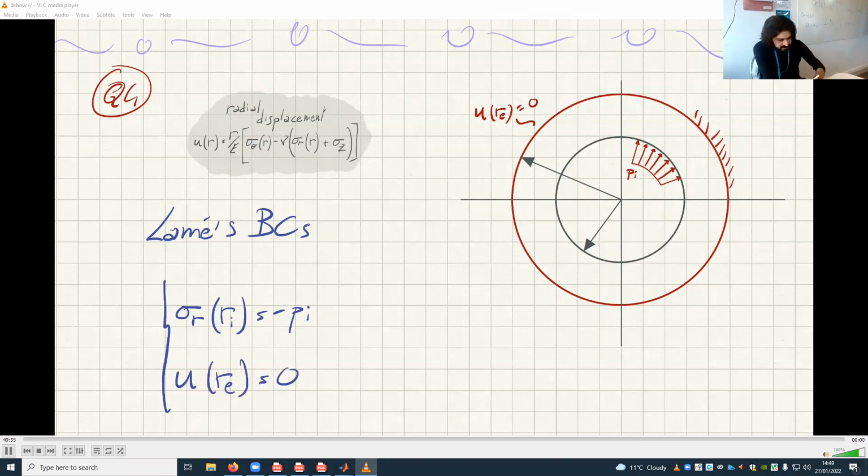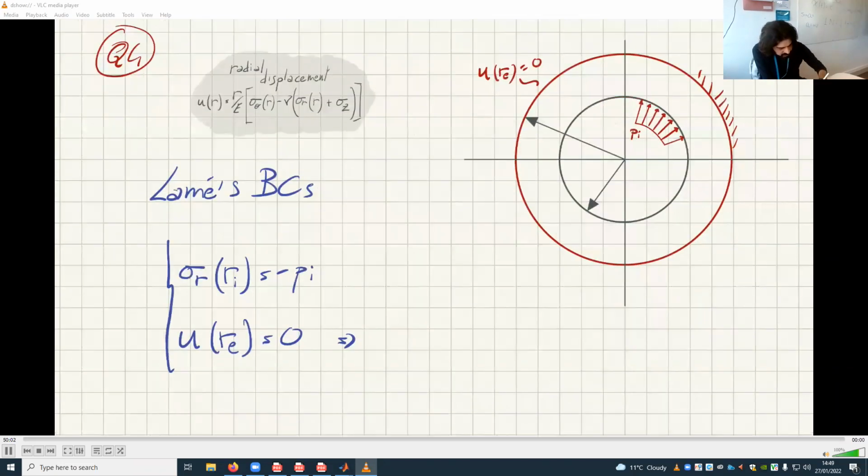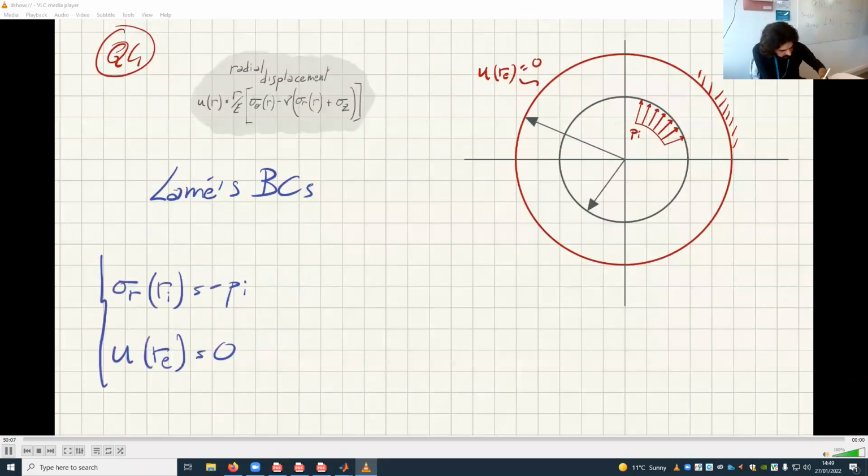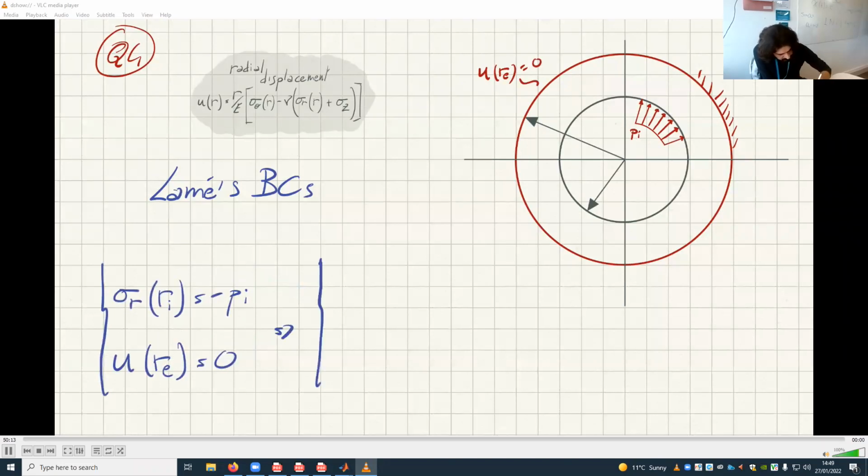The top equation is a minus b over ri squared equals minus pi.